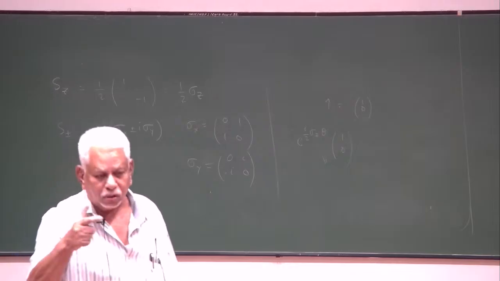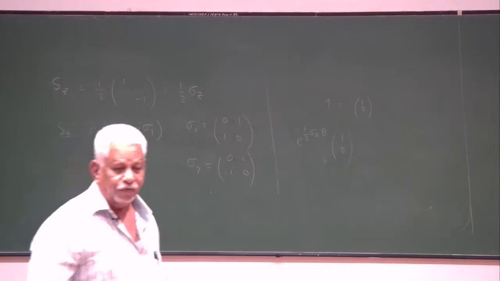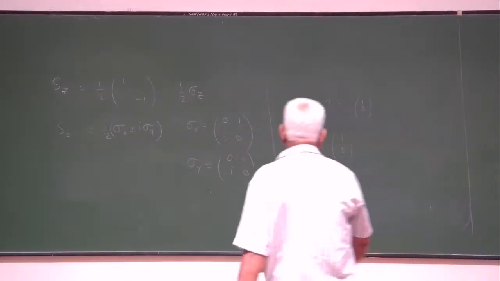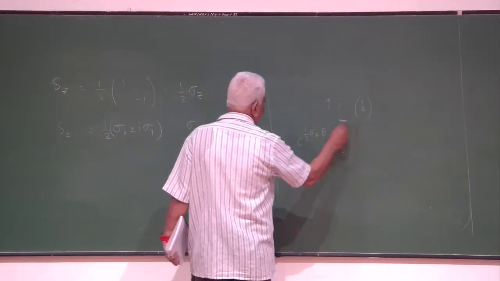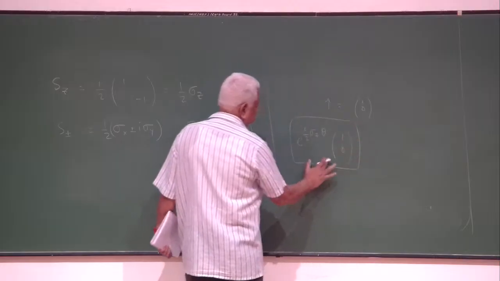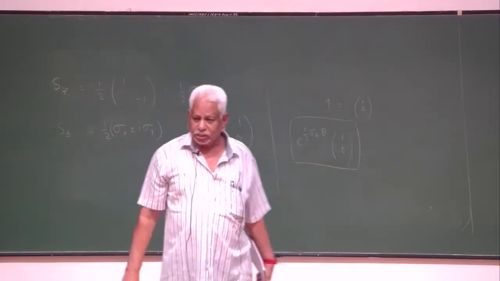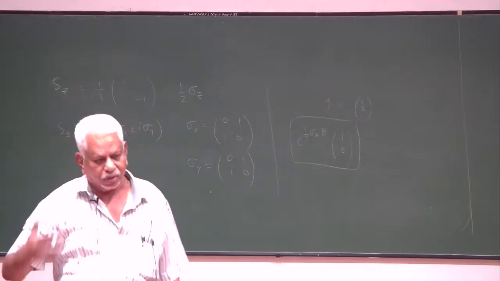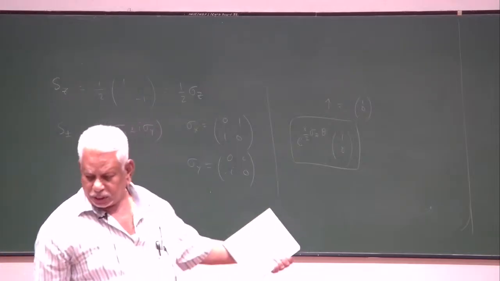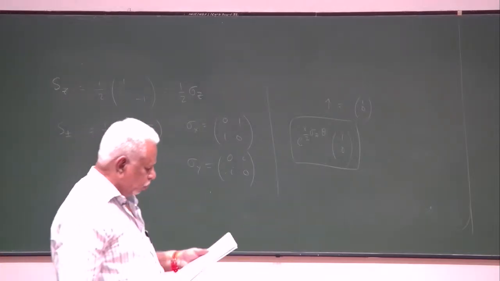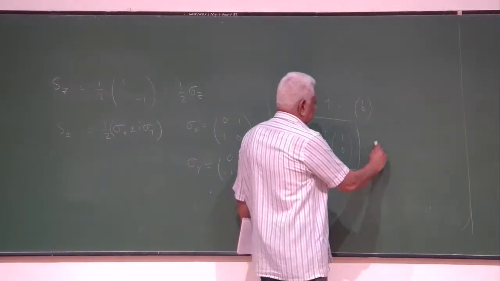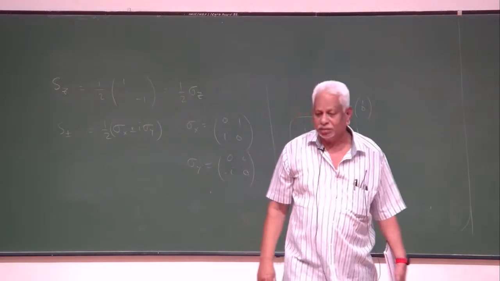If you do large rotations, this is what you have to compute. You should exponentiate. If you were exponentiating for orbital angular momentum, you should do it here also. Take it as an exercise, expand it.